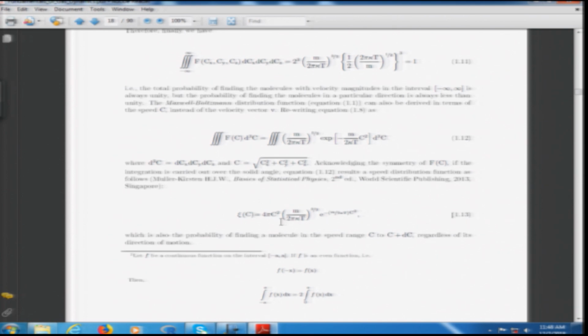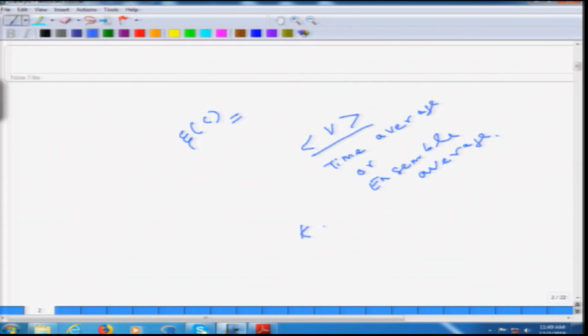If you substitute in this equation, we come across this expression: Vrms is equal to the integral from 0 to infinity of 4 pi c square, m by 2 pi kappa t, where kappa is nothing but the Boltzmann constant, whose value is 1.38 into 10 to the power minus 23 joule Kelvin to the power minus 1, or joule per Kelvin.